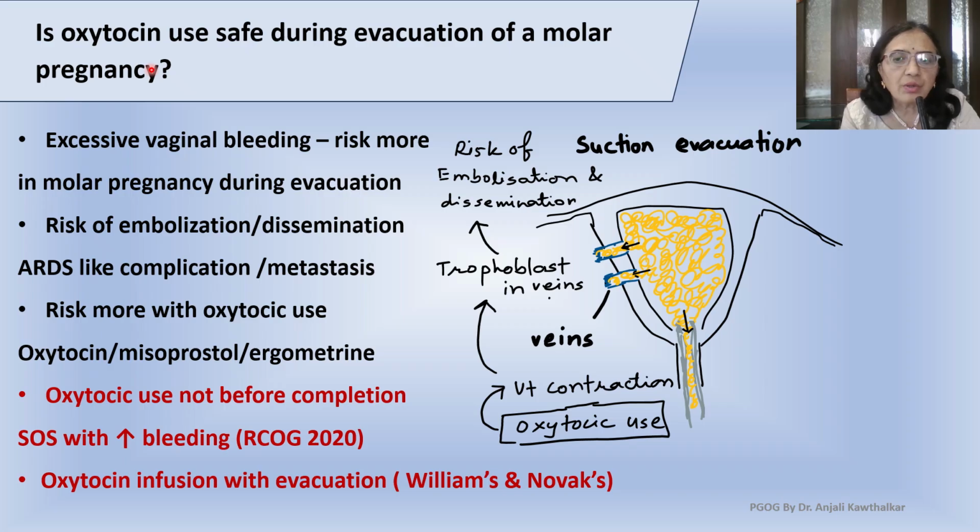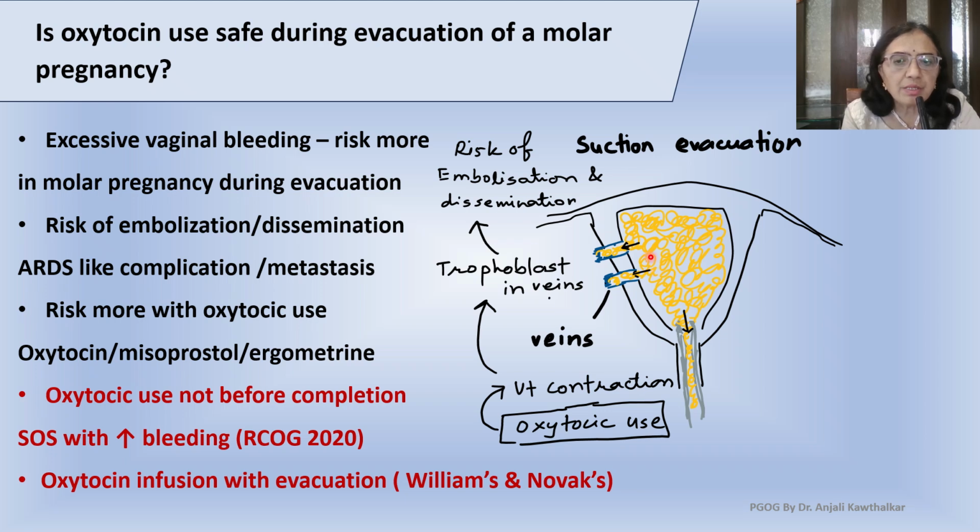Now coming to this controversial topic related to suction evacuation: whether we should use oxytocin during the procedure, during evacuation of a molar pregnancy. Excessive vaginal bleeding is always a risk, and it is more with molar pregnancy during evacuation. Sometimes patients present with excessive bleeding, and we have to do the procedure in an emergency.